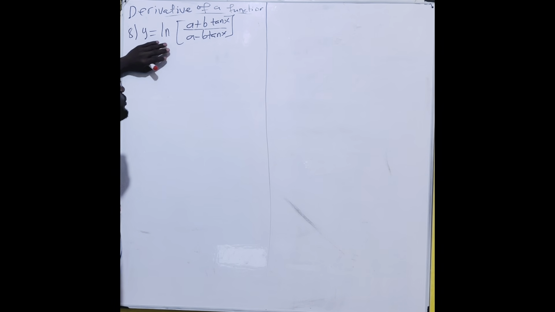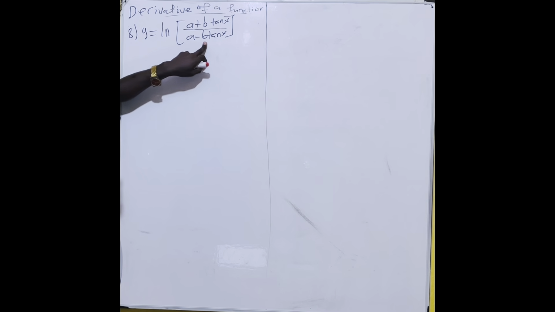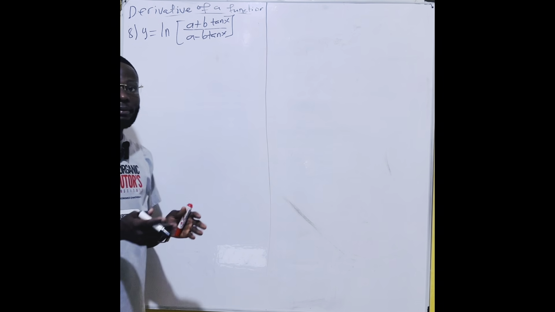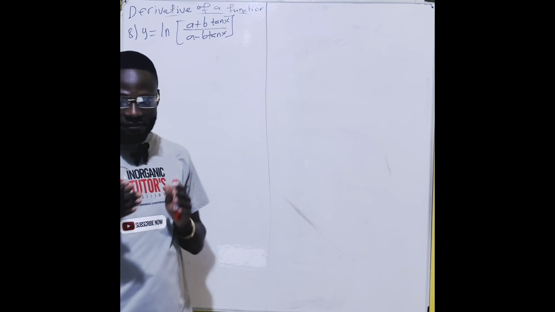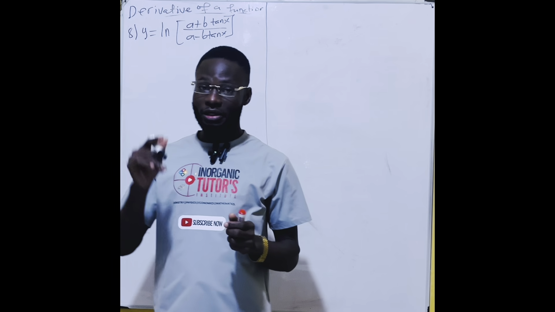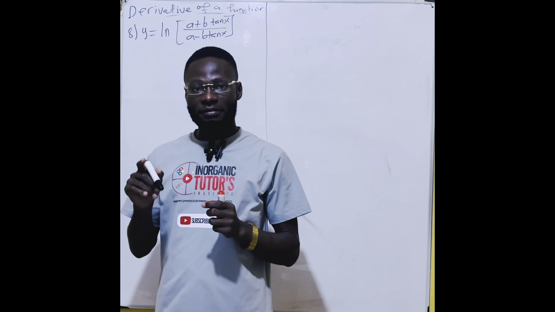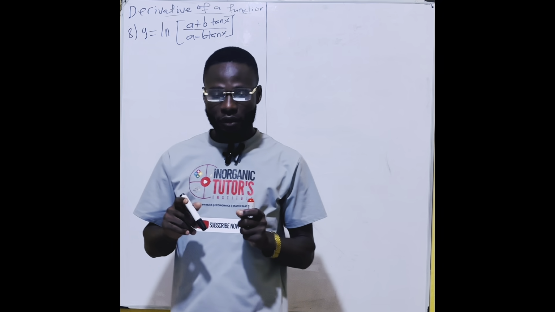Okay. So with question number 8, we want to differentiate ln of (a plus b tan x) divided by (a minus b tan x), right? So first of all, we have to remember that if you want to differentiate any function inside the ln, you take 1 over the function inside the ln times the derivative of the function inside the ln, right?